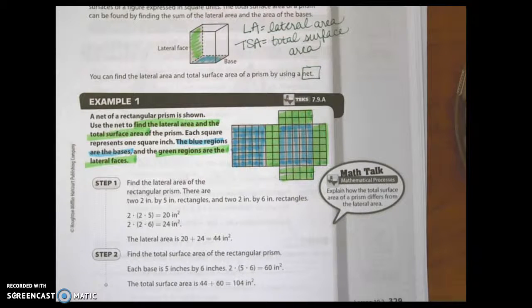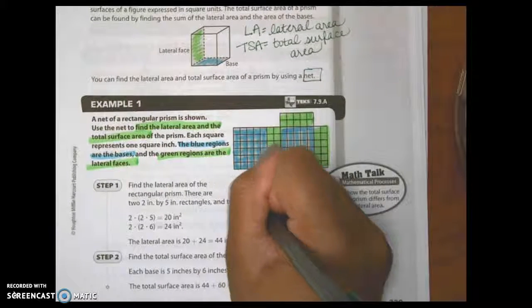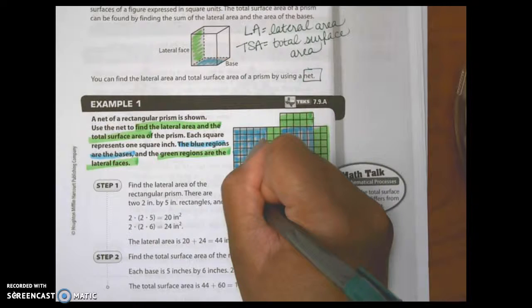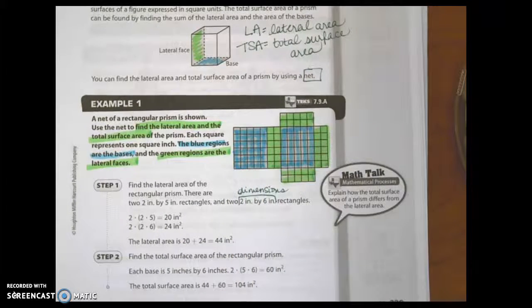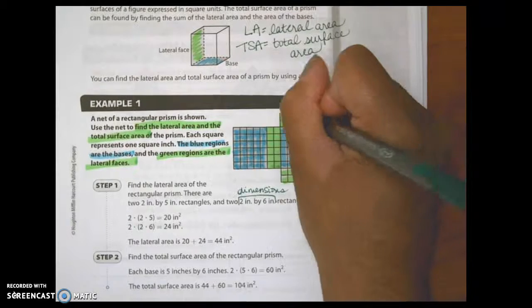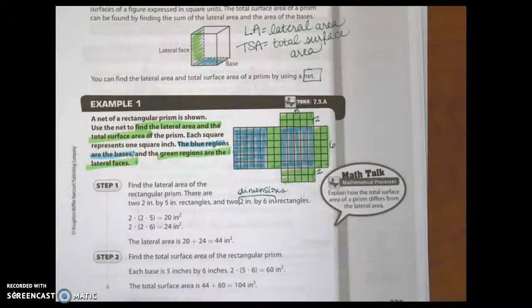So first, they say find the lateral area of the rectangular prism. There are two 2 by 5 inch rectangles, and there are two 2 by 6 inch rectangles. These are dimensions. We talked about that last week. So this is a 2 by 5. This is a 2 by 6.